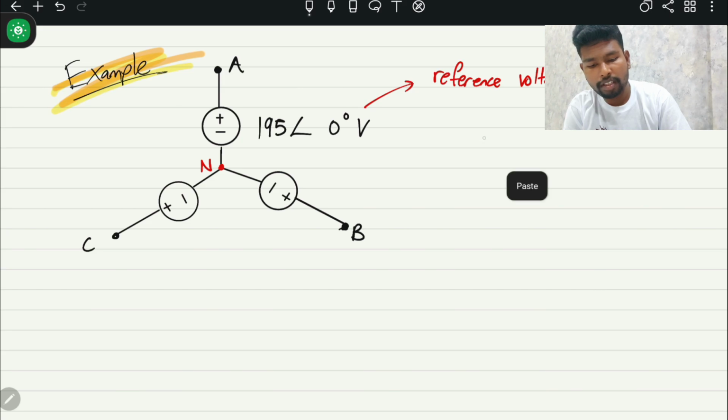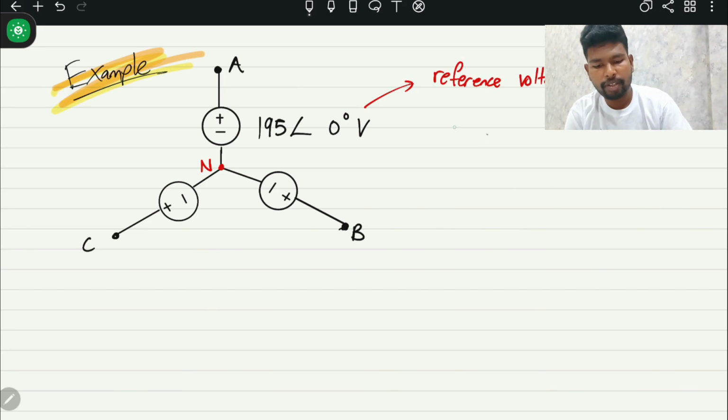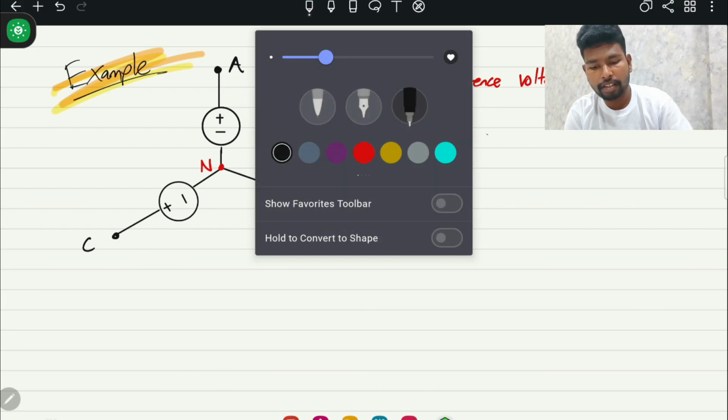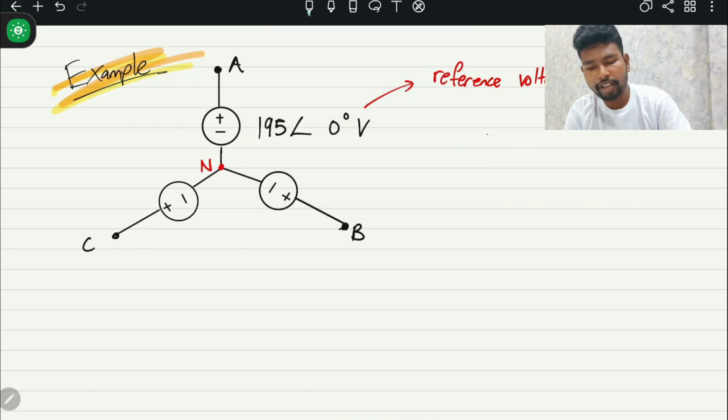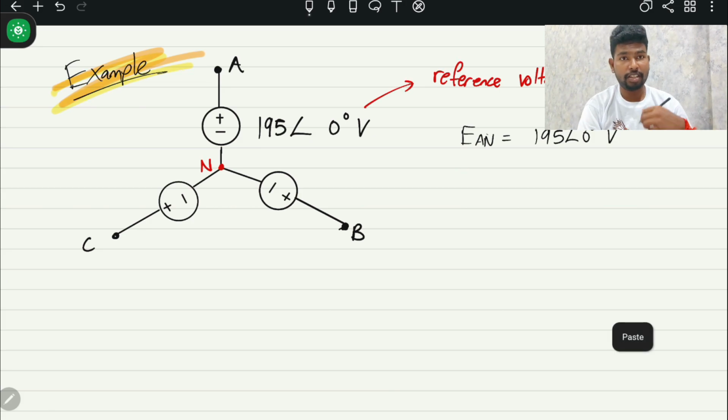Okay, so in this case, since I have labeled it with a capital letter, we assume it's a generator. EAN is given, which is 195 volt with 0 degree phase shifting. So they have given us EAN. So let's figure out EBN and ECN.